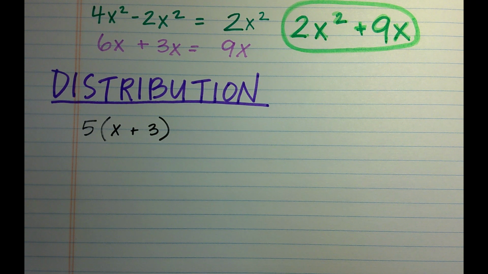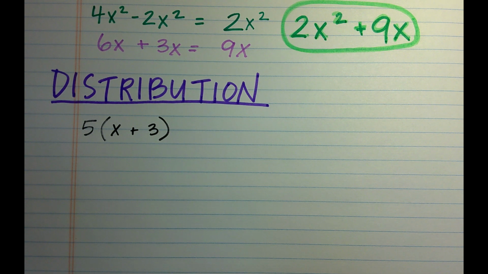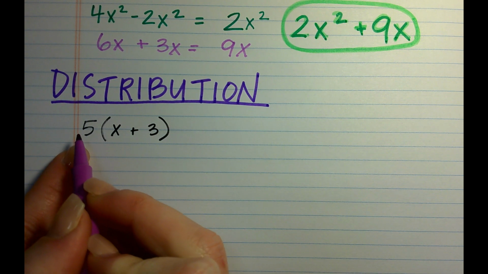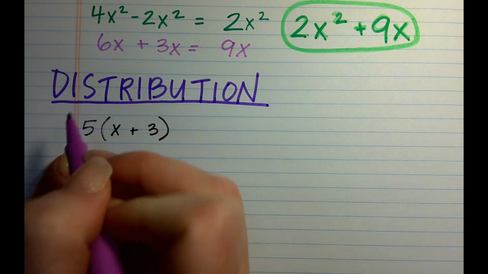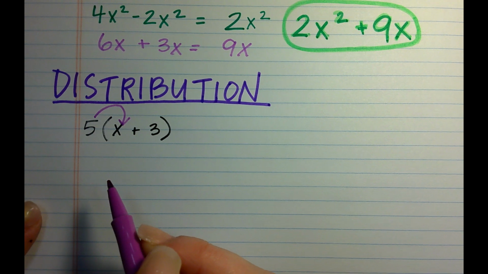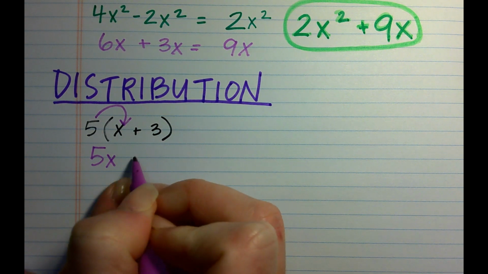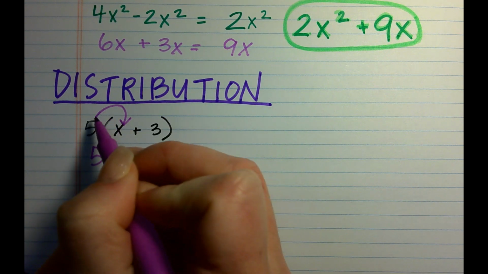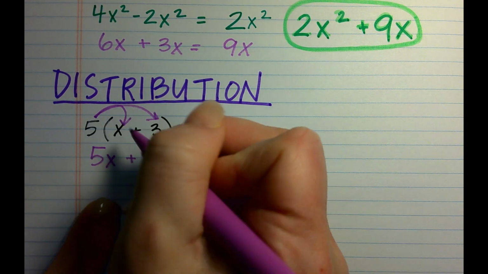5 times x and 5 times 3. Yes. So with distribution, all that's happening is it is repeated multiplication in a way. I'm going to take 5 times whatever is inside the parentheses. So 5 times x, which is what? 5x. And I'm going to bring down my plus sign. 5 times 3 is 15.